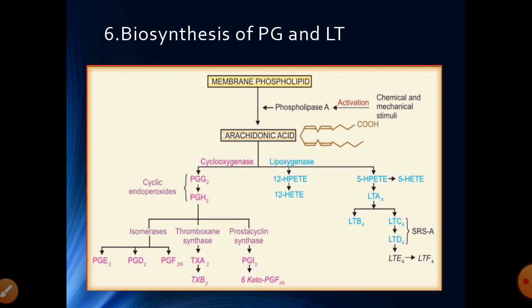And from these the thromboxane, prostacyclin and prostaglandin are synthesized. While the lipooxygenase enzyme acts and forms 12-HPETE that converts into 12-HETE. And then other leukotrienes are formed by 5-HPETE, that is leukotrienes C4, B4, D4 and E4 are formed from lipooxygenase activity. So this table is also quite important.